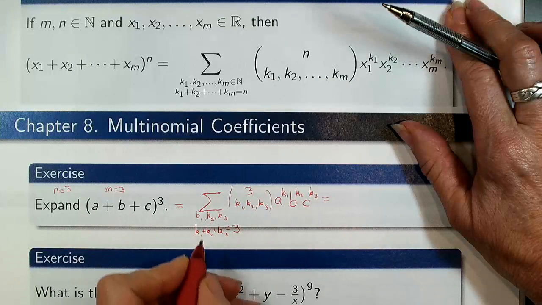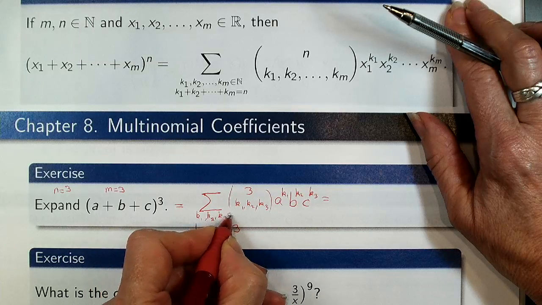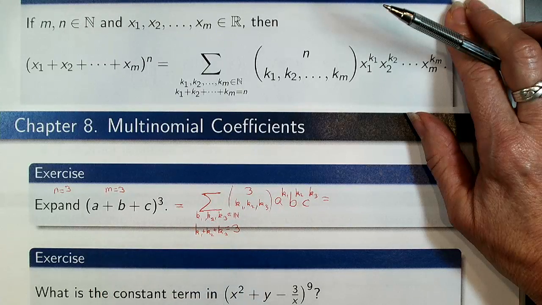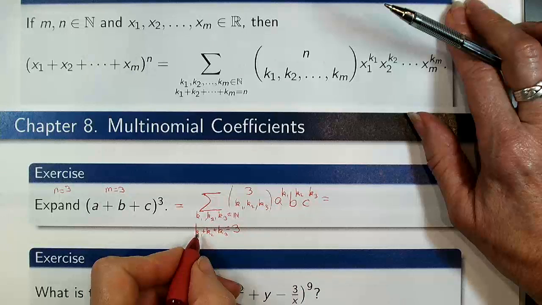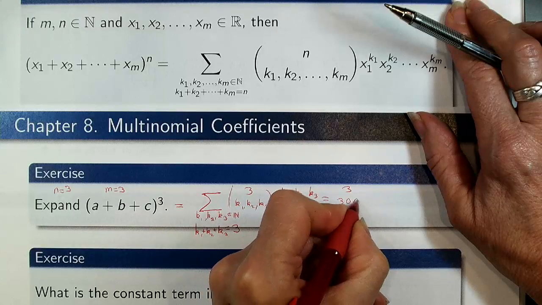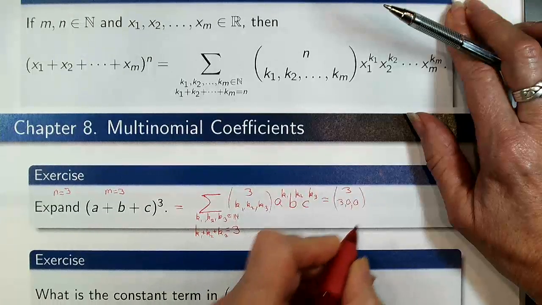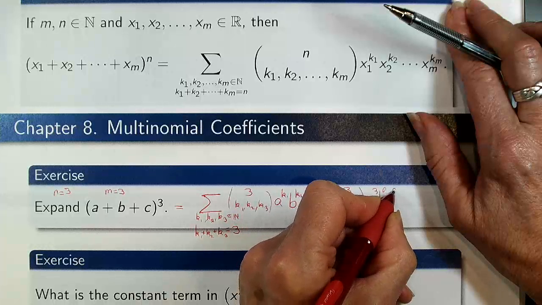So we're looking at all the numbers in N. There's a few possibilities. There's 3, 0, 0. So I've got 3 choose 3, 0, 0, a to the 3, b to the 0, c to the 0.